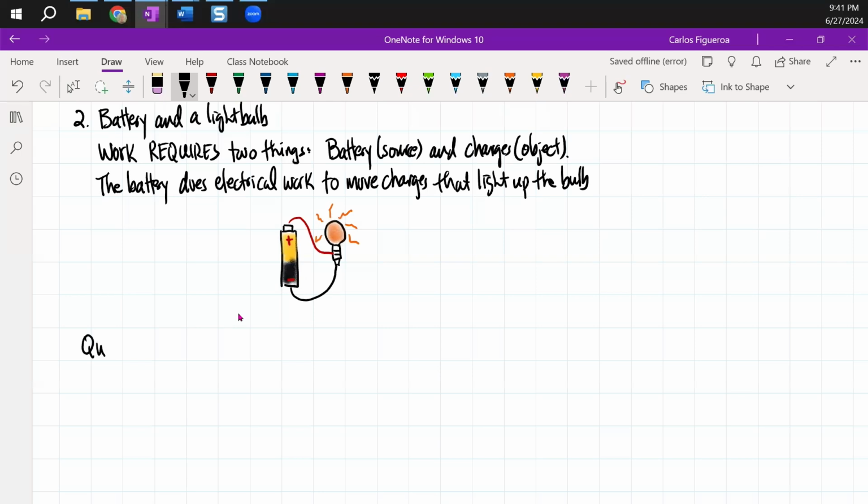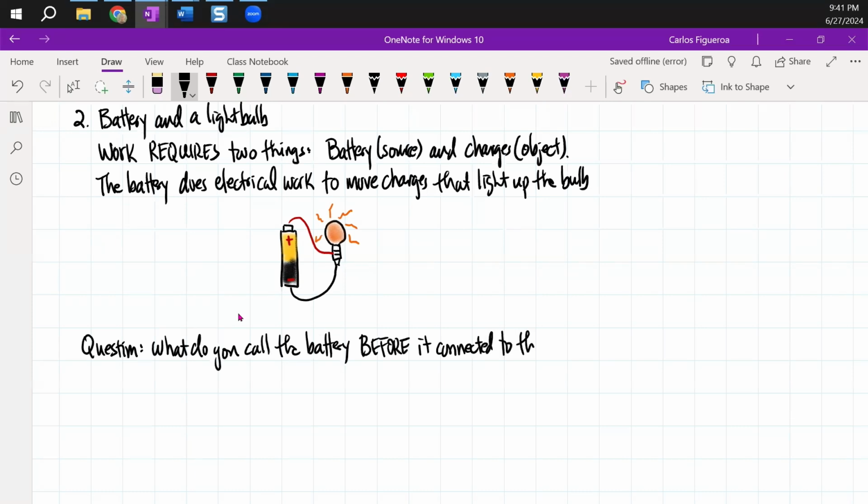Following the same process as before, question: what do you call the battery before it's connected to the light bulb?